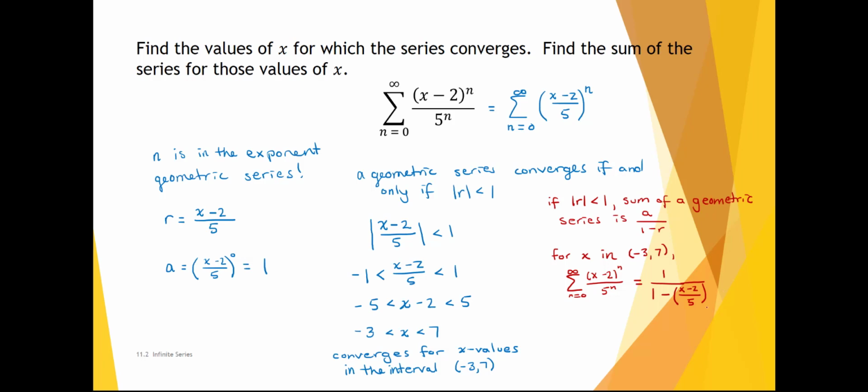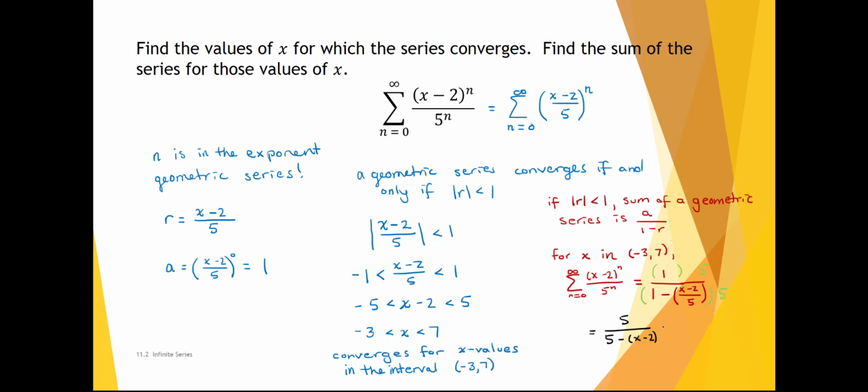Now I just want to clean this up a bit. To eliminate the 5 in the denominator, I'm going to multiply the top of this fraction by 5 and the bottom of this fraction by 5, which gives us 5 divided by 5 minus x minus 2.